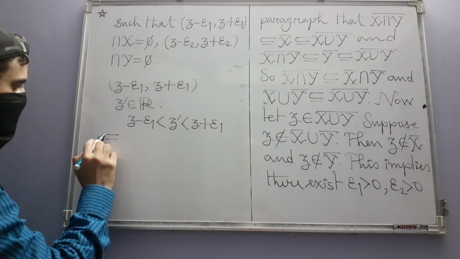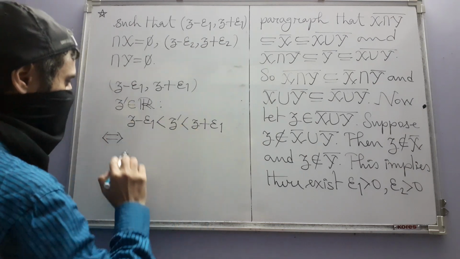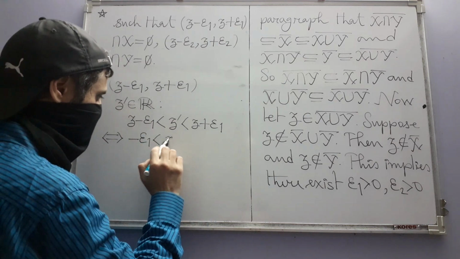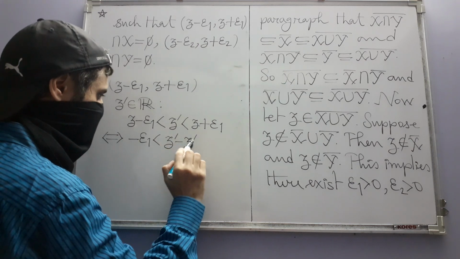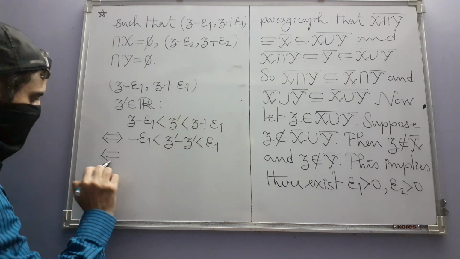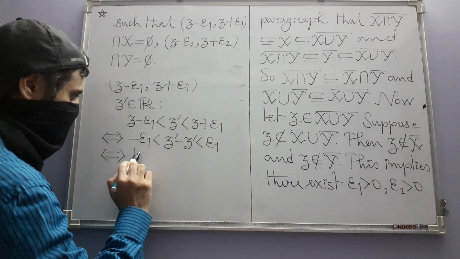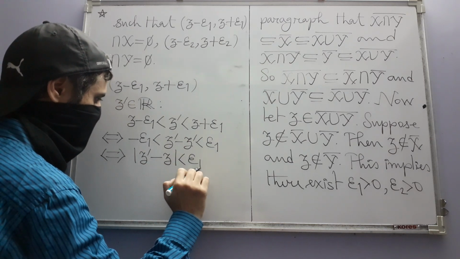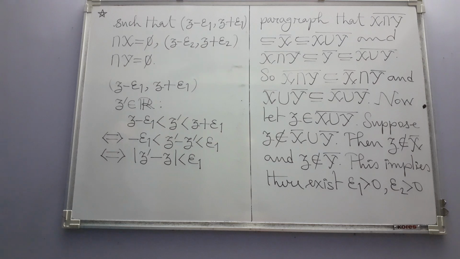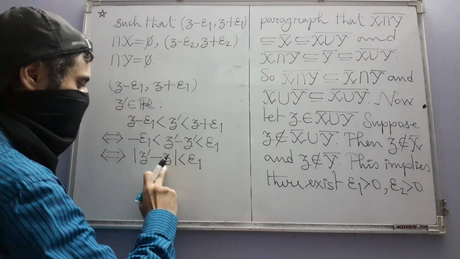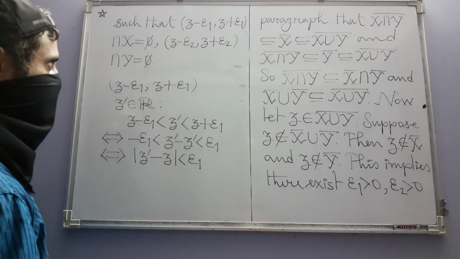But these inequalities are equivalent to these inequalities if you subtract z from all the terms here, and these inequalities in turn are equivalent to this one. Right? Okay, so that means z prime is epsilon 1 close to z.